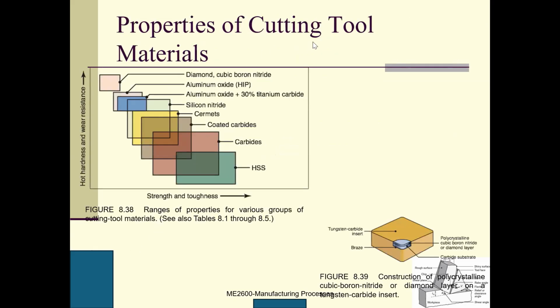Here are the properties of cutting tool materials. This is the strength and toughness. Here is the hot hardness and wear resistance. Based on this diagram, you can see this one has very high hot hardness and wear resistance, but the strength and toughness is bad, right? For the other extreme, HSS has very high strength and toughness, but the hot hardness and wear resistance are very low.